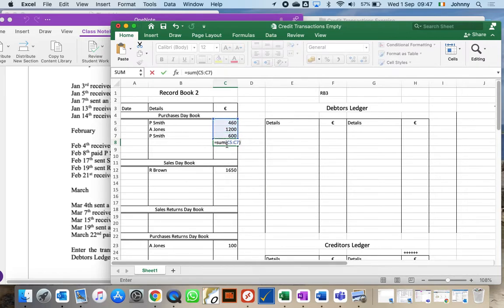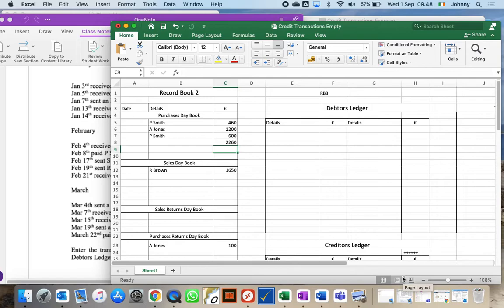So all of my purchases, all the bills that came in, the total for this month is 2260. So I'm going to put 2260 in the purchases account. Not putting every single transaction, I'm just going to put the total of the transactions. So I've done 3 credits so far, and I'm going to do 1 debit to match it. Is that okay? And I should end up with the same total in both.